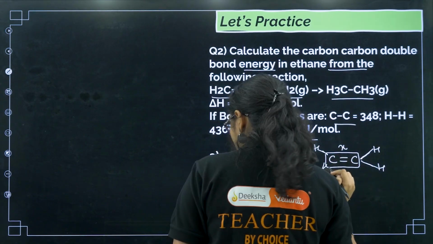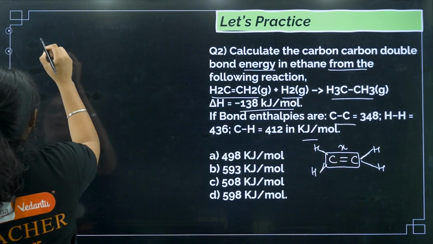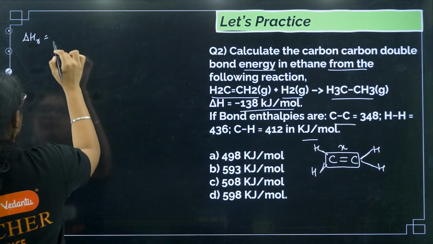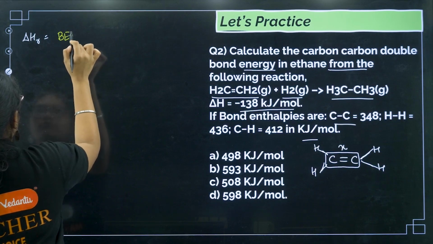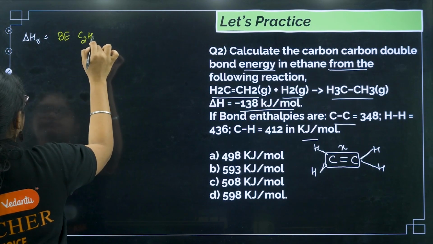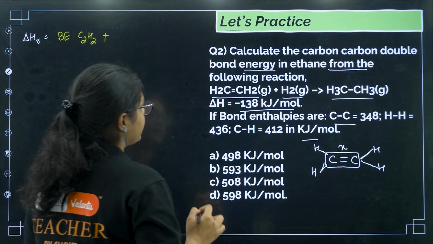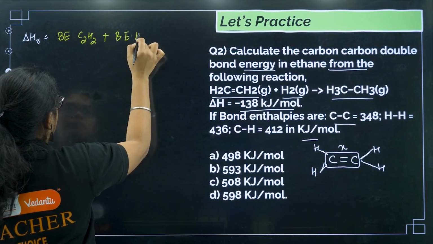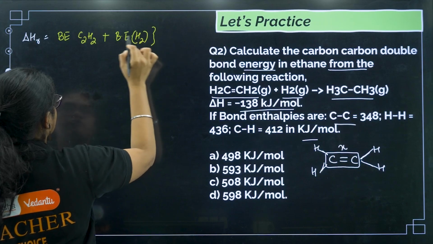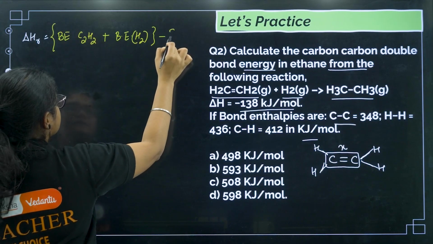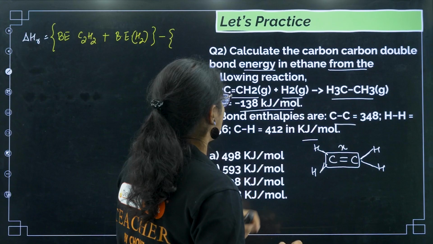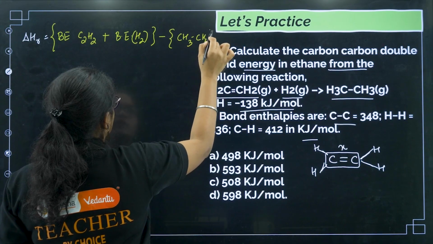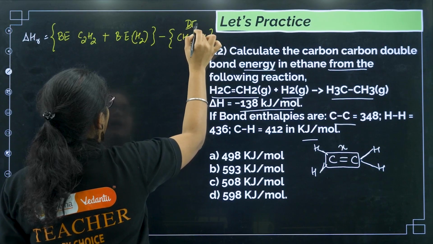We have 4 CH. So if I want to calculate the delta H of the reaction, that will be equal to the bond enthalpy of C2H2 plus the bond enthalpy of H2, minus the bond enthalpy of CH3 and CH3.